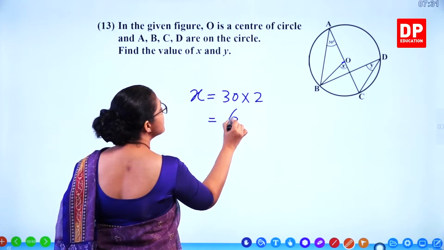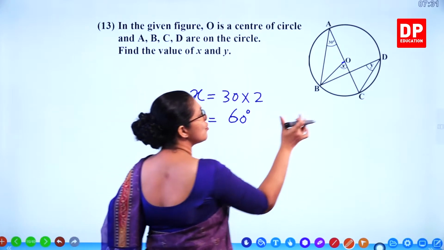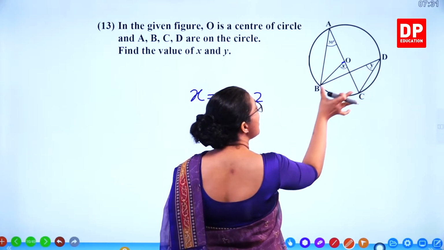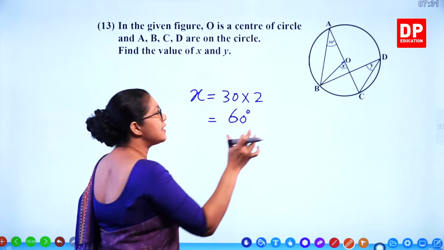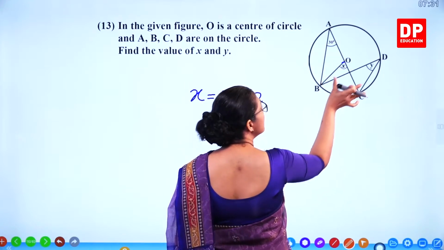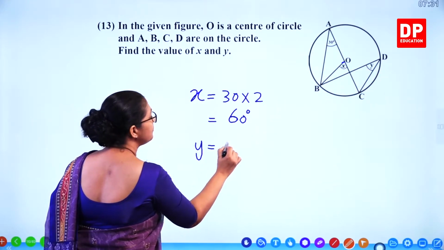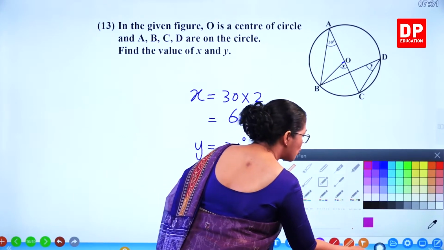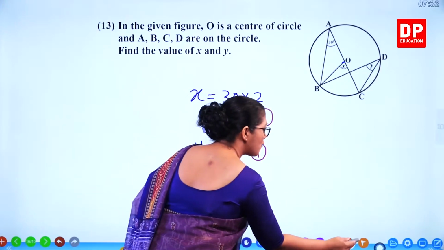So 60 degrees. And also this is angle subtended at the center, and here angle subtended on the circumference. Same segment angles are equal, these two. So y becomes 30. So you get 2 marks, 1 mark for y, 1 mark for x.